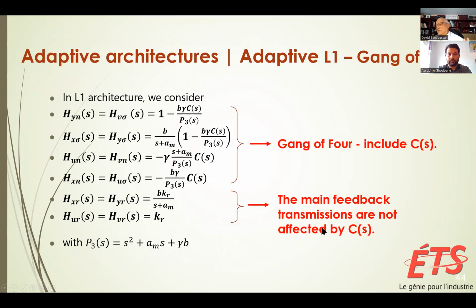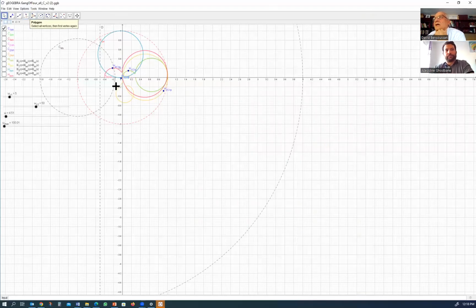And doing that, as you can see here, C of S influences the transmissions to output noise and to input noise, while the output here doesn't change. What we have here are the transmissions between output and input noise, between output and output noise.